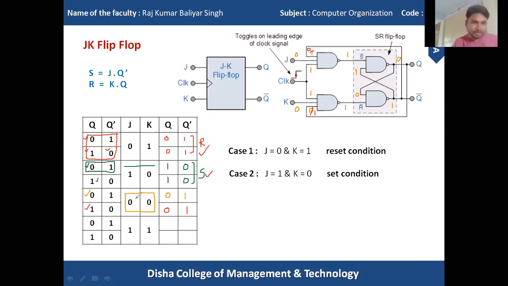But when we supply j equals 0 and k equals 0, we do not determine any one of the states. It may be reset or it may be set. So it is called the memory state. That means when j equals k equals 0, we get the memory state.